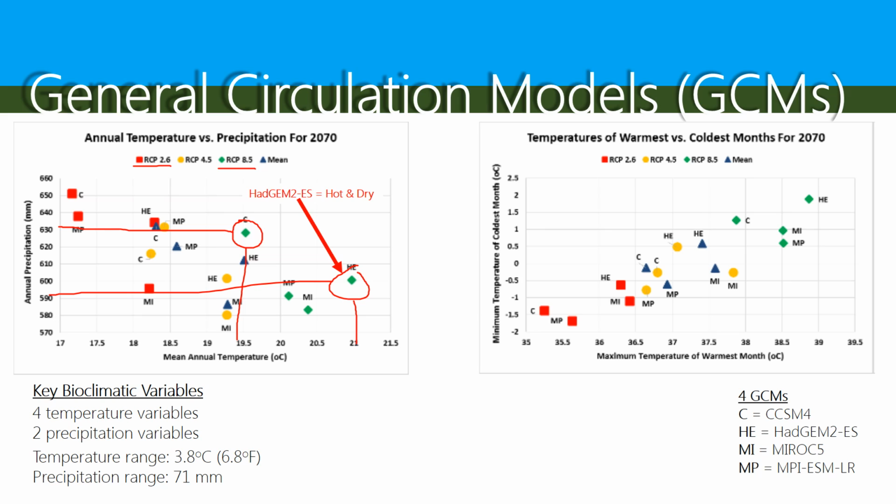And for RCP 2.6, HE is projecting a much warmer climate in wetter months, while C is projecting a much colder climate in wetter months. In the end, we wanted to look at a range of futures, not multiple futures that are all of the same climates.